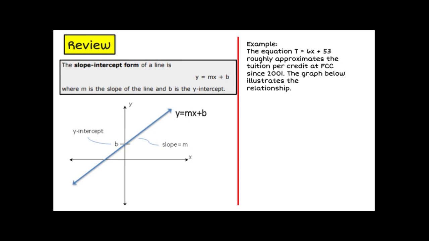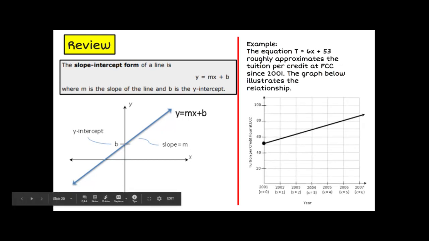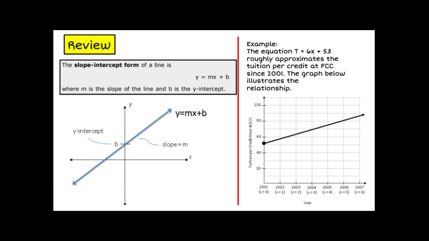So example, the equation T equals 6x plus 53 roughly approximates the tuition per credit at FCC since 2001. I just made it up. The graph below illustrates the relationship. In this case, x represents the number of years since 2001, and T represents the tuition amount for that year. In this example, we can see that both the 6 and the 53 have very specific meanings.